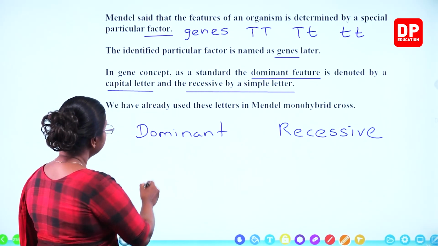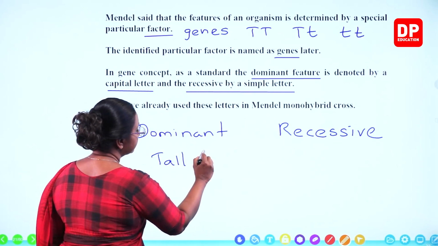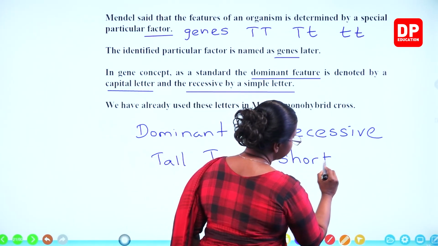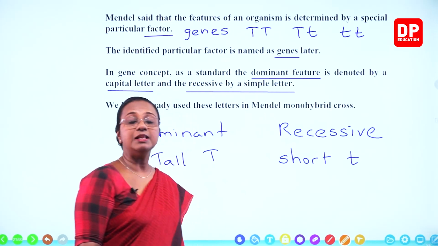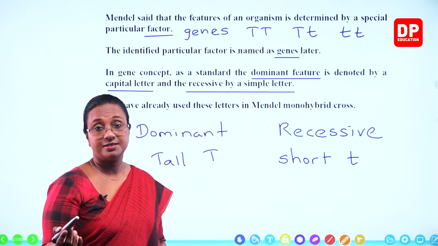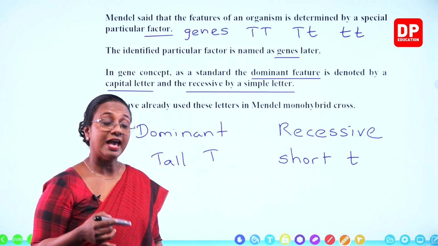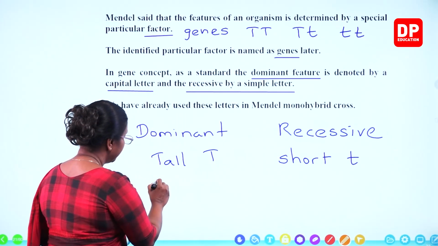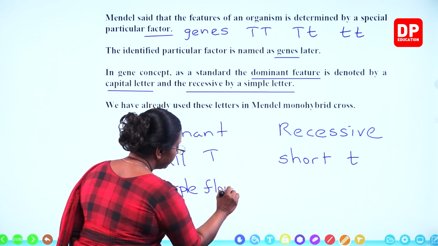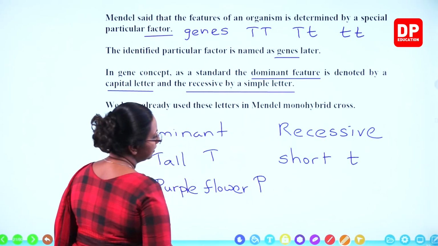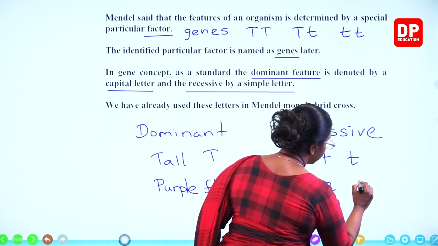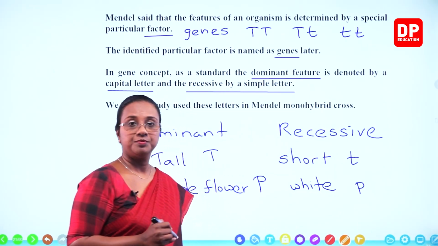If you remember, we used tall as capital T. Short, we did not use S, instead we used simple T. Then if you remember, color of flower, purple and white. Purple is the dominant color and white is the recessive color. So purple flower, capital P, and white flower, we used simple P.